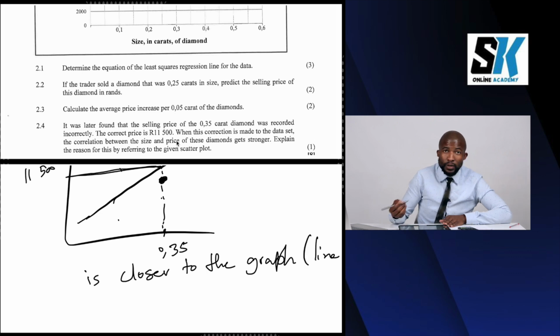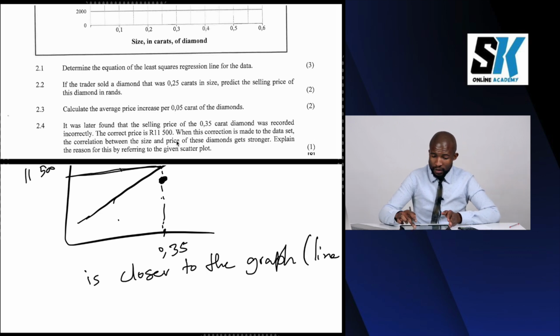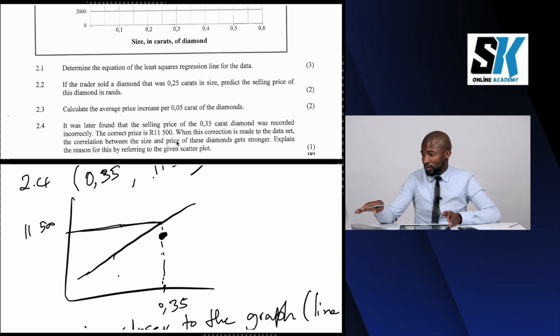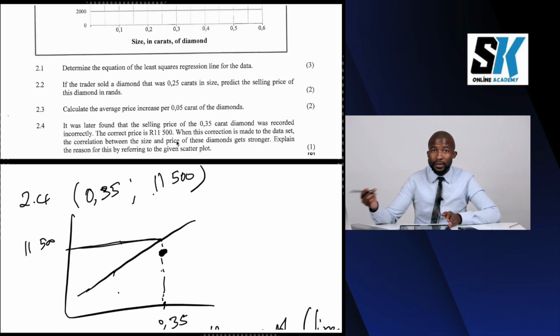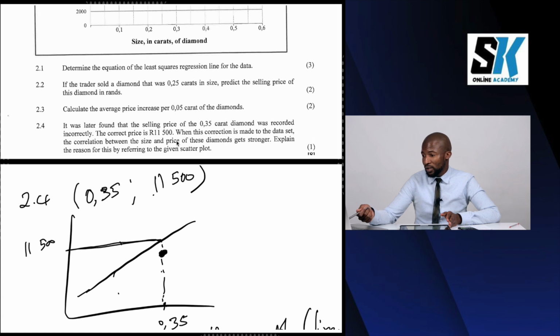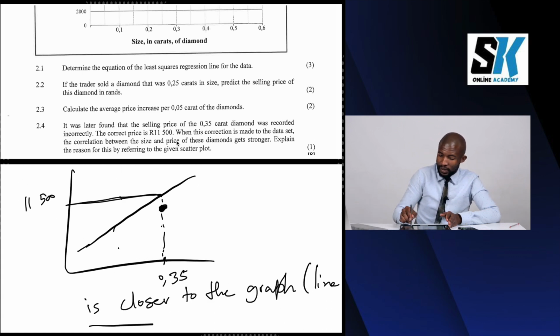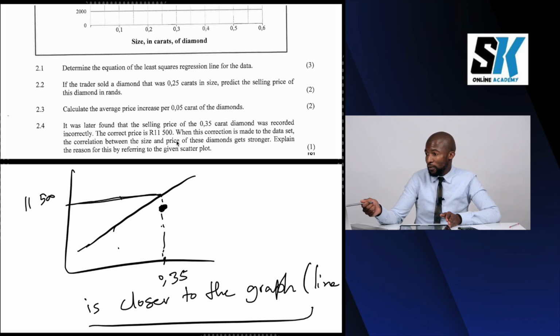And that is how you would explain that correction to the correct value, which is 11,500. Question 2.4 is just 1 mark, where you just tell them that you get that value because it is closer to the line of this scatter plot. And that is the end of question 2.